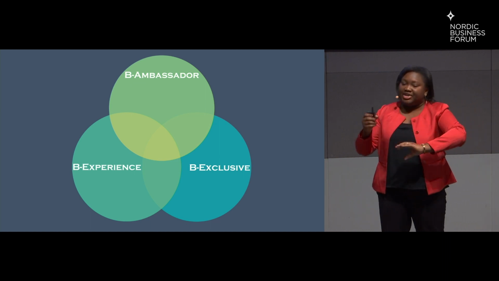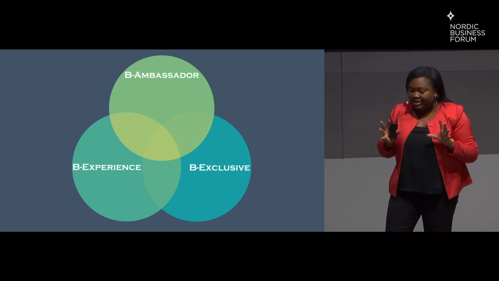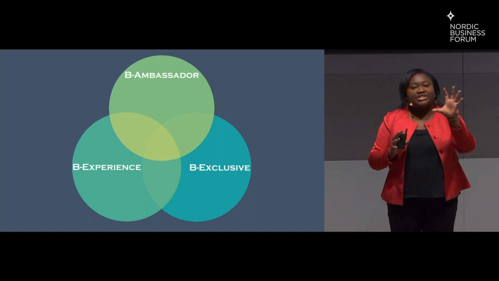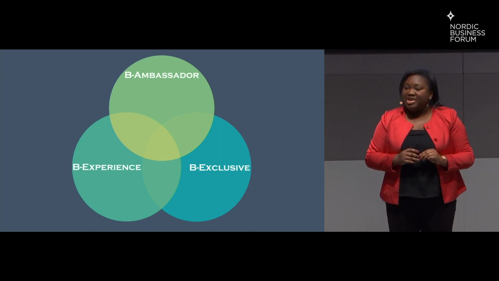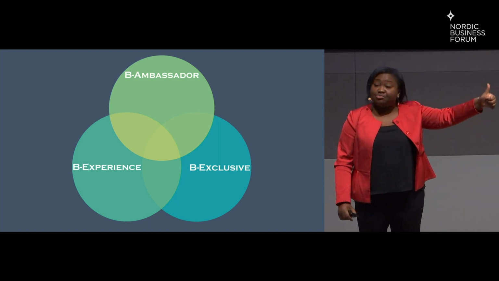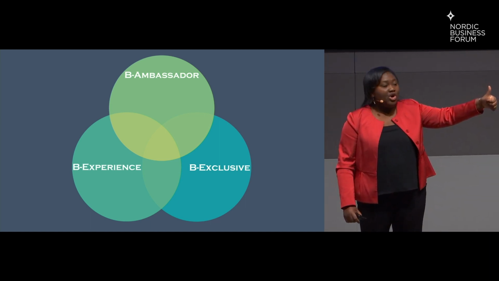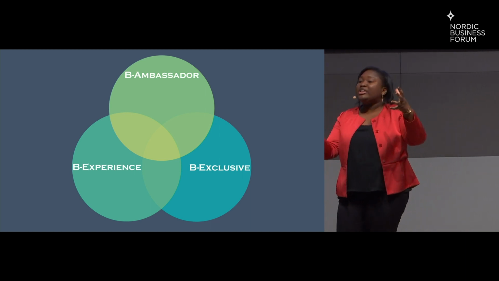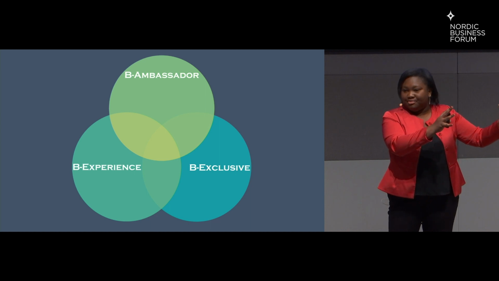Before I go into the different definitions of the layers, I think it's important to understand what the B means. The B relates to two different items. First item, B as a brand. What you want people to perceive you as, the perception, the image, the wants of the company.